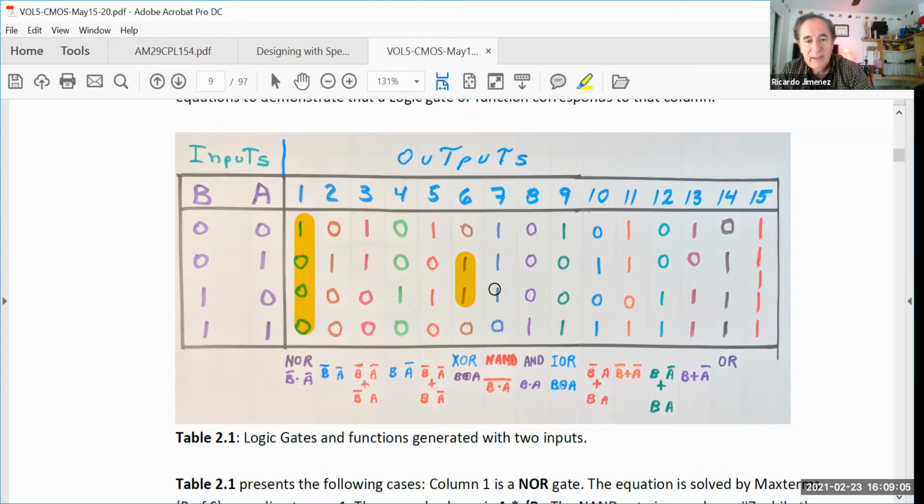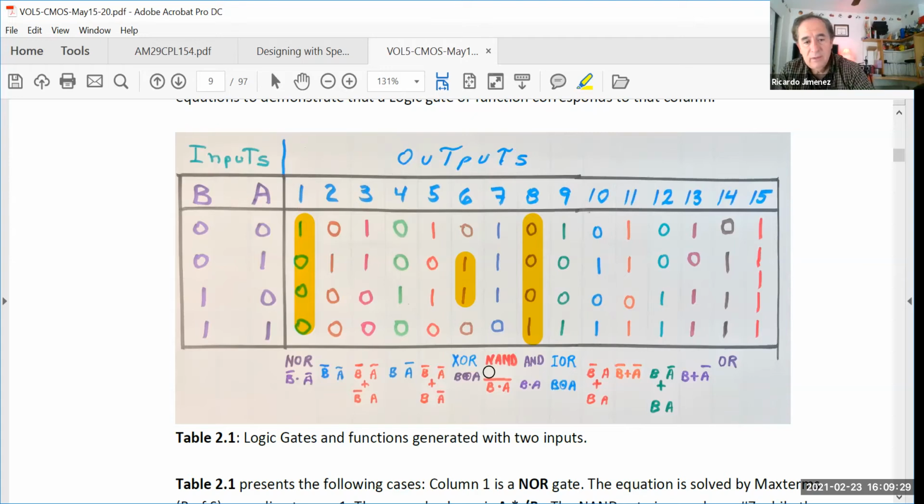Now, the AND gate, which is very popular, is called the all or nothing gate. It only detects when all the inputs are 1, and you have a logic 1. When you have the other combinations, the output will be 0. It's all or nothing.